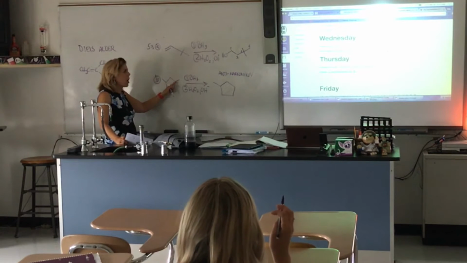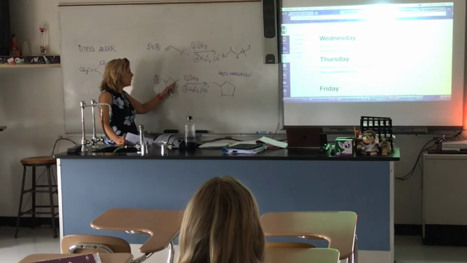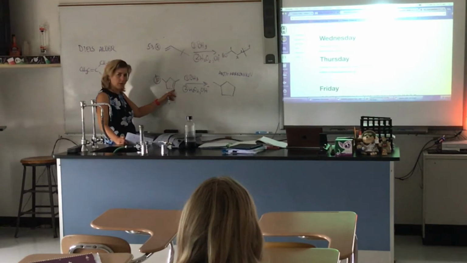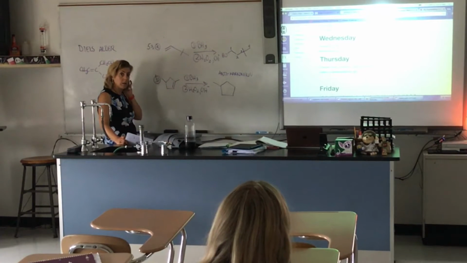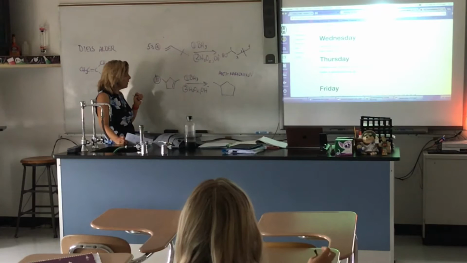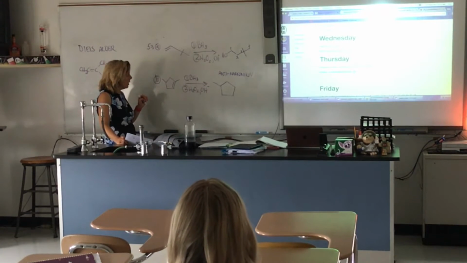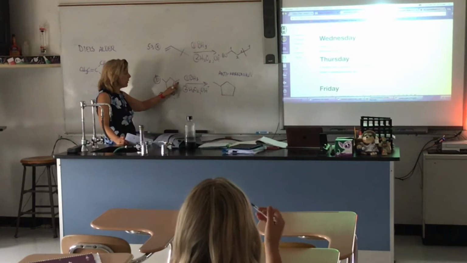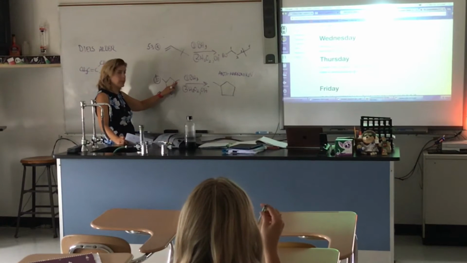Because it wants to go on the second carbon. But this has the least amount of hydrogen, right? Do you agree? This has more hydrogen than this side of the double bond? Yeah, because there's more bonds in the upper one, correct? This is a methyl group, right? So this one has only one hydrogen, the other one has two.